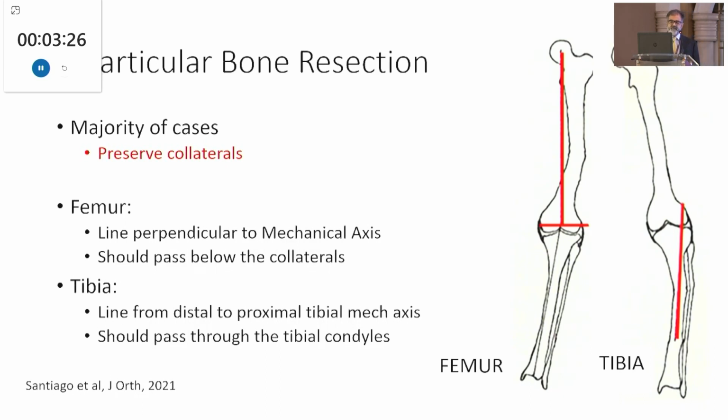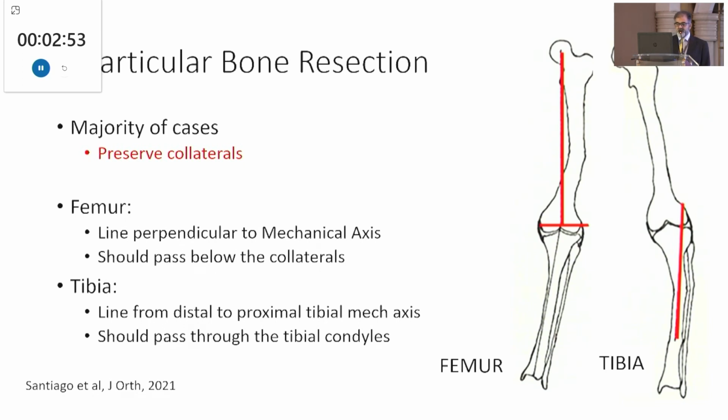Now, another way of assessing, which Santiago tried to simplify, was to look at the mechanical axis of the individual bone. As we know, the aim is to preserve the collaterals, to keep the surgery simple. In terms of the femur, if you have a line perpendicular to the mechanical axis of the femur, and that passes below the insertion of the collateral ligaments, an intra-articular bone resection could be carried out.